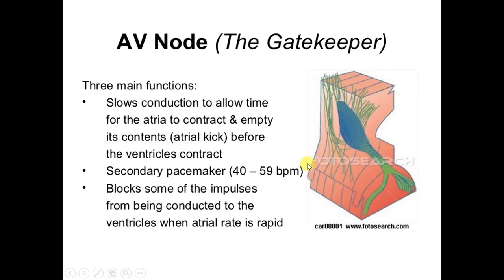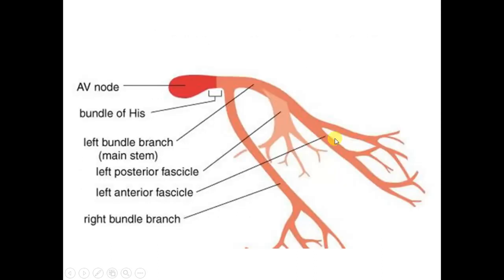So it blocks some of the impulses when the atrial rate is not under control, it is rapid. That is called atrial flutter, atrial fibrillation. In those conditions, the atrial rate is very high, but not all the impulses are transmitted.